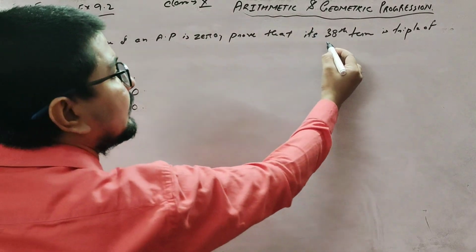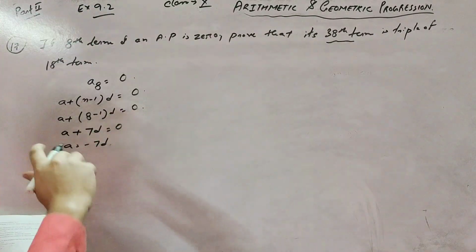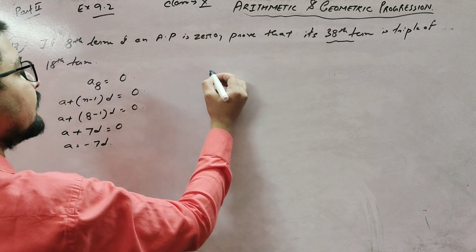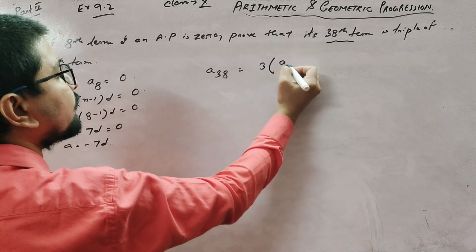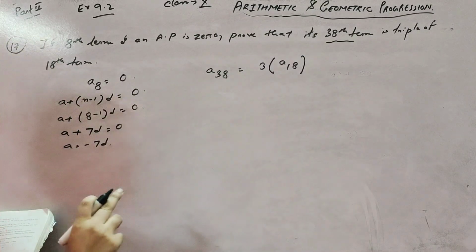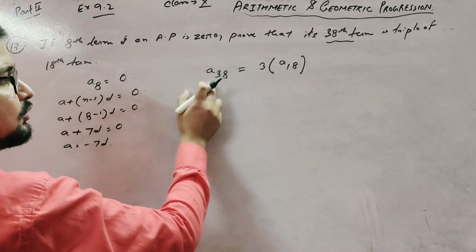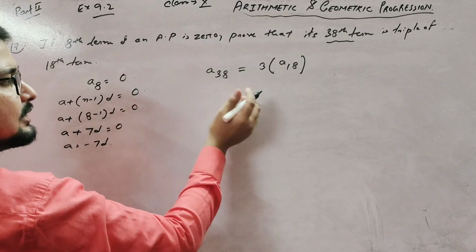Prove that the 38th term is triple of the 18th term. So A38 is triple of A18. Prove that these two portions are equal, that is LHS equals RHS.